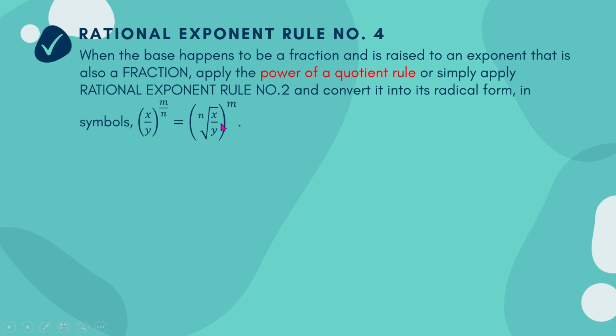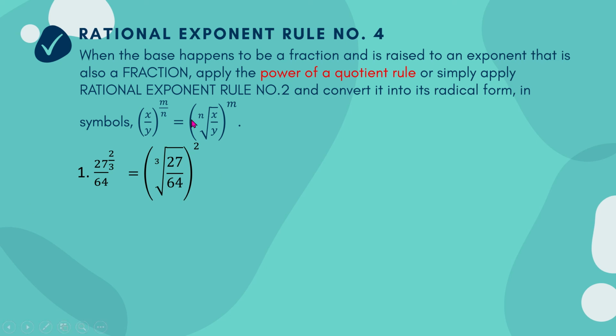Then in close parentheses, ang m is our exponent since siya man ang numerator. Diretso using exponent rule number 2, rational exponent rule number 2. Sample tani. Our base is fraction 27 over 64 is raised to an exponent 2/3. What will happen?